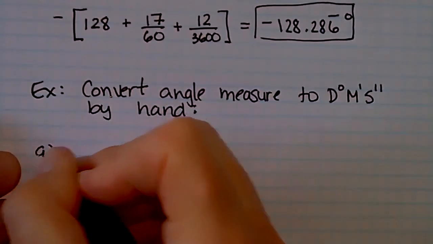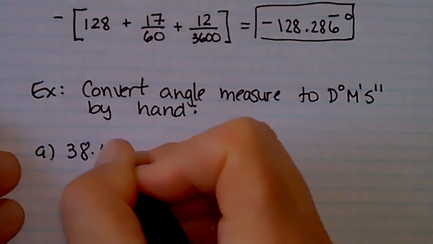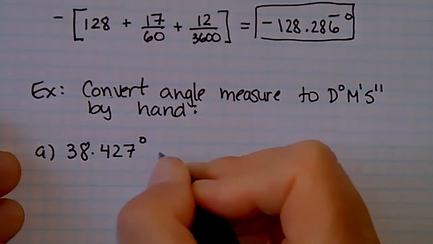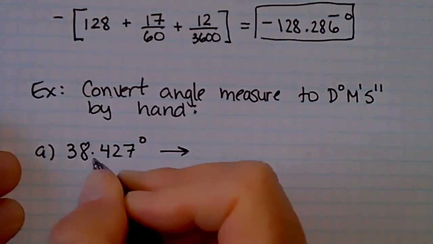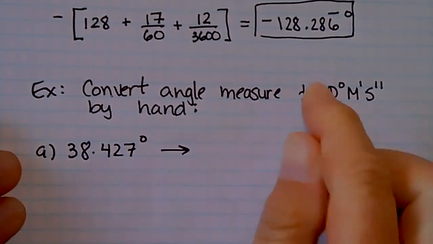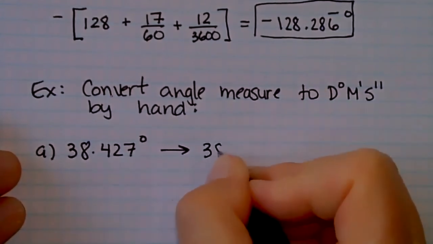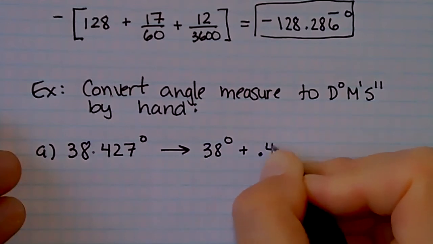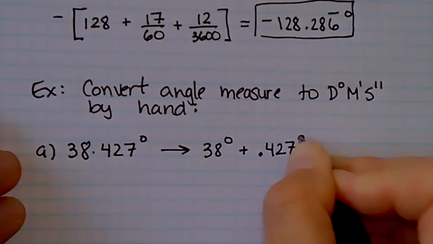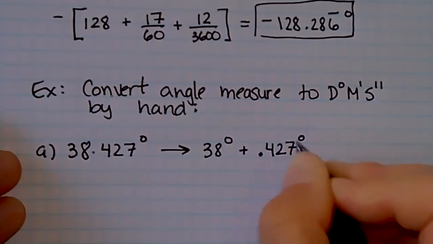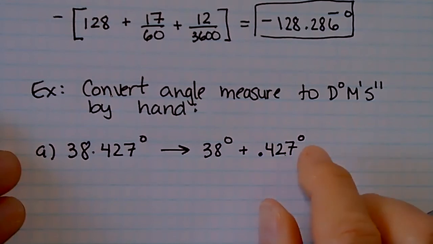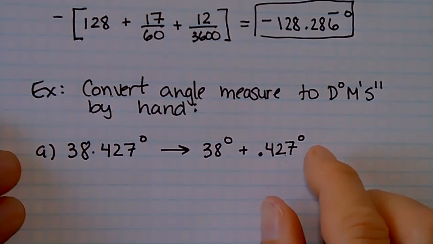Okay, so let's say we have 38.427 degrees, okay? So what I'm going to do is I know it's going to be 38 degrees. I know that part of it, so I'm going to have 38 degrees. Plus, I have right now 0.427 degrees. And I want to change this decimal degree into a minute, okay?